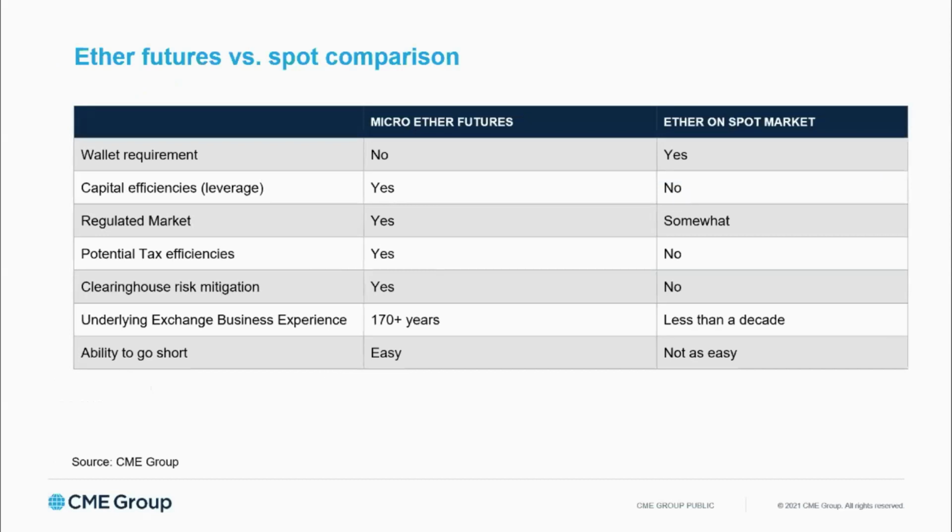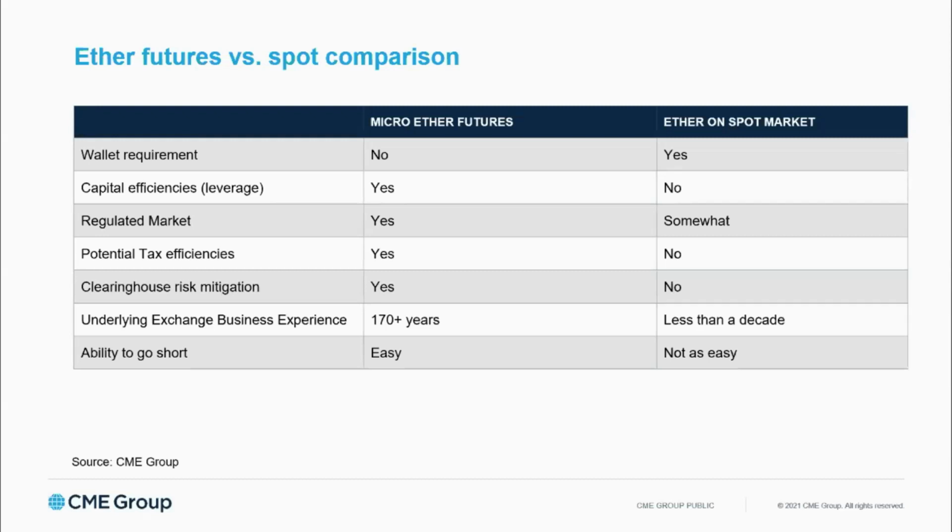Yes, all of our cryptocurrencies, micro Ether included, are leveraged products. We are a regulated exchange. We are regulated by the CFTC, so our micro Ethers are traded on a regulated market. When you look at the spot market, that regulatory landscape is evolving, it's taking shape, it's somewhat regulated, but who knows what that's going to look like.